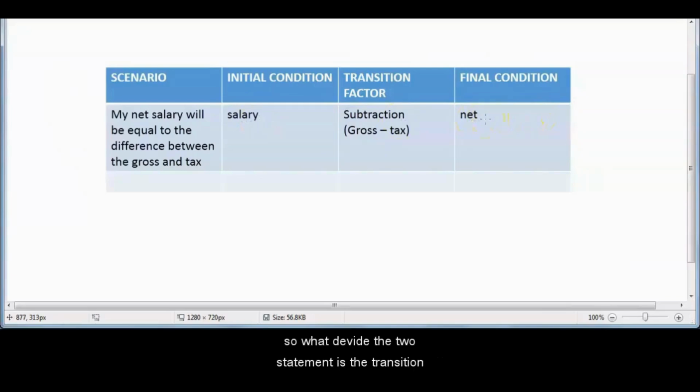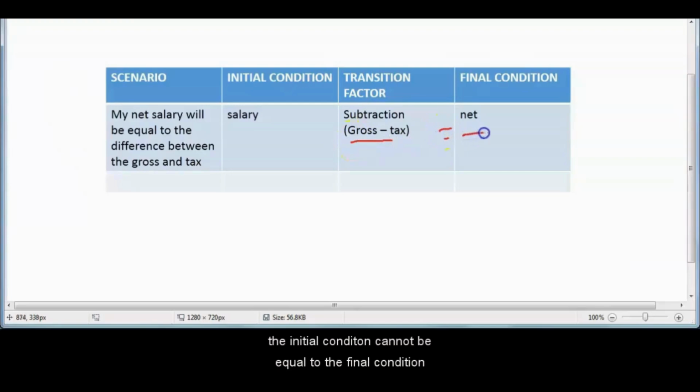So what divides the two statements is the transition or the action that is being performed on the subject. That's the dividing factor or the transition. It can be turned into an equality sign. So what we are going to say is this: this is equal to this.